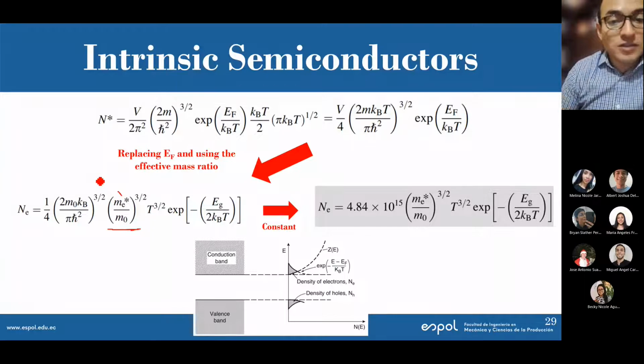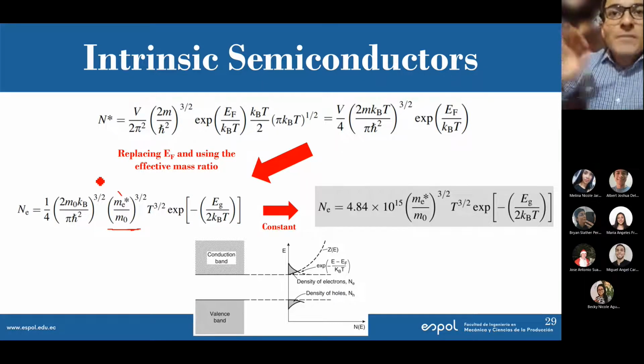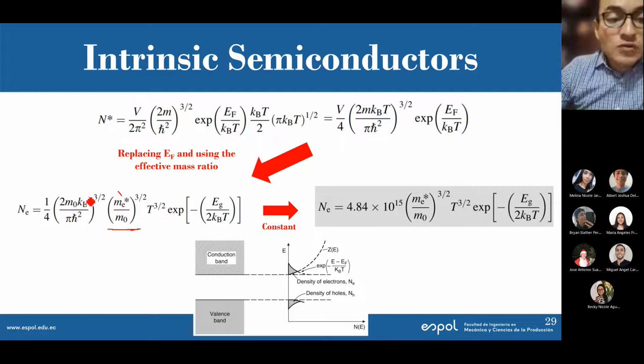It's not really the mass of the electron that we all know, and you can Google it. It's not really that value, right? So to be more realistic, in quantum mechanics, you can introduce this term, right?